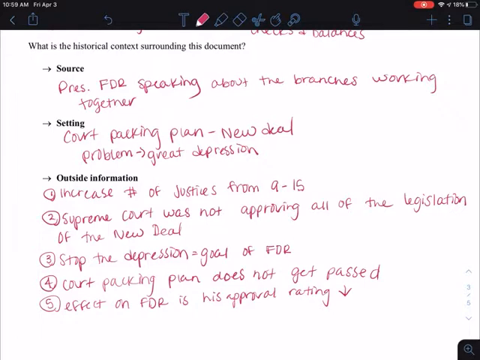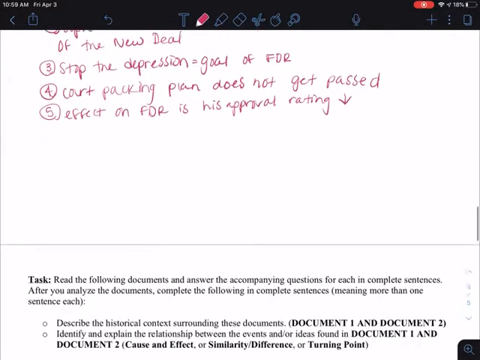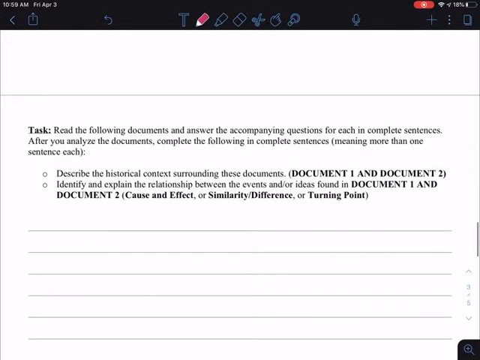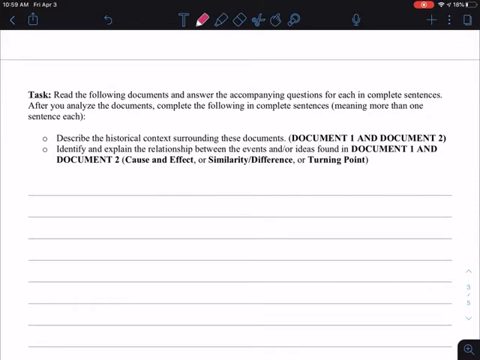But enough. So now you have the task of actually taking that information and choosing what you want to do with it. You can choose turning point, you can choose similarity difference, you can choose cause and effect. It doesn't matter, whichever one your gut is telling you to do.